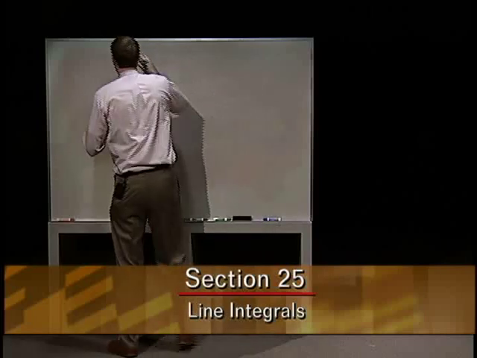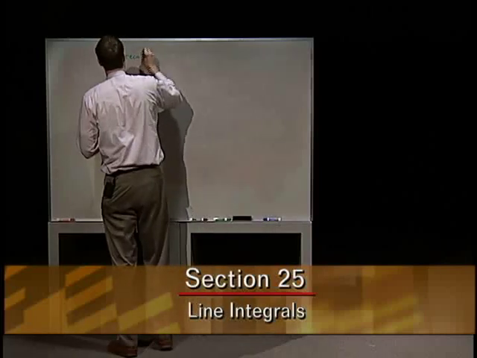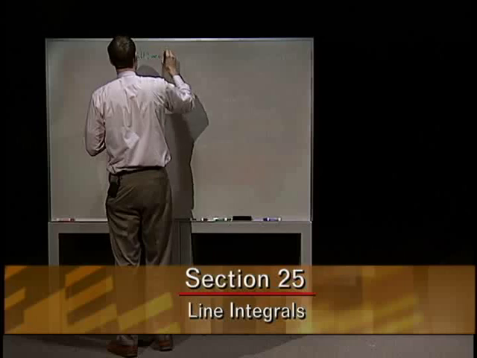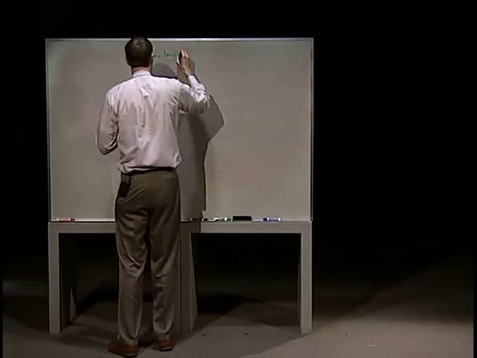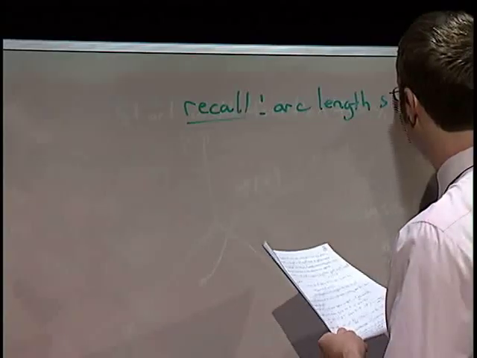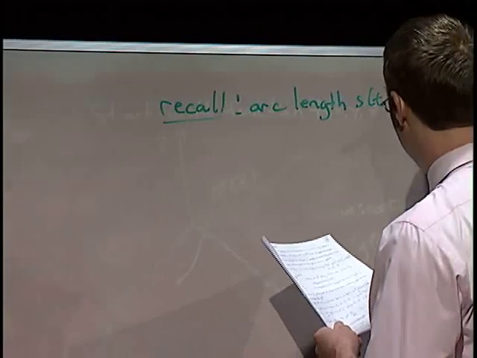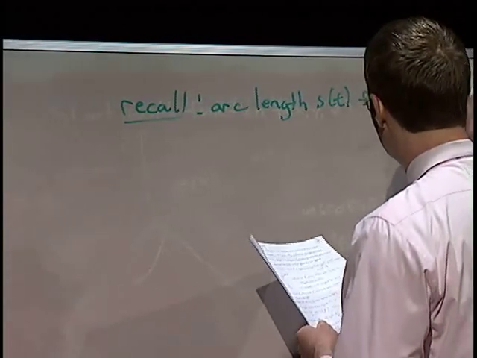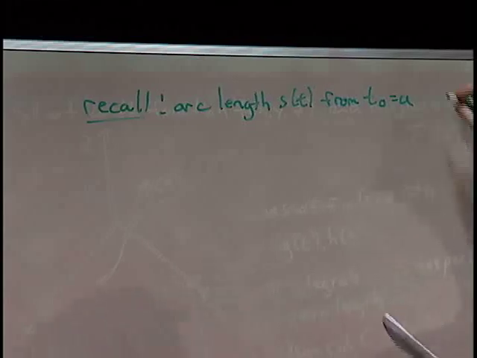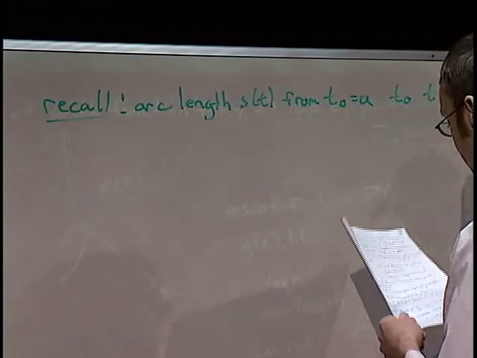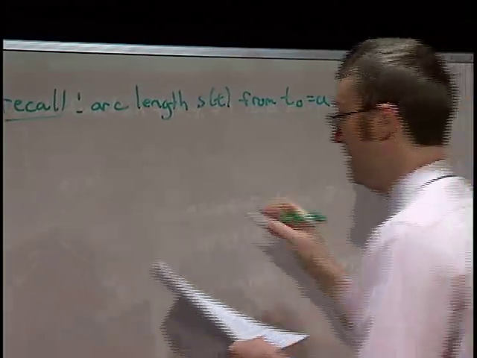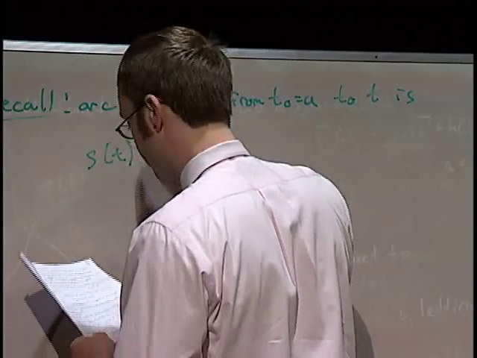Alrighty. So recall, we spent a little bit of time on arc length a while back. The arc length s of t from the initial point a to some value t is this expression, right?